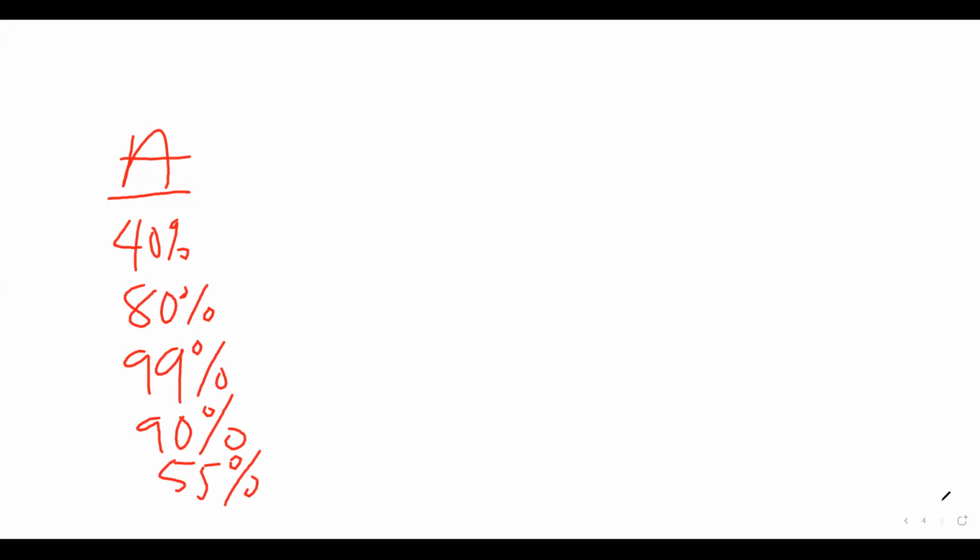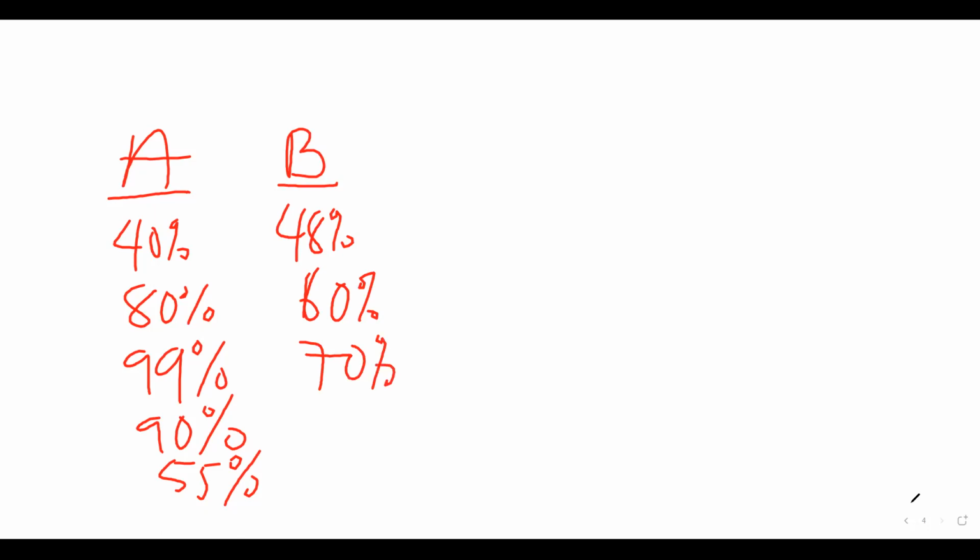Then you have sample B, another group. Somebody had 48%, somebody has 60%, somebody has 70%, and the last one had 10%.